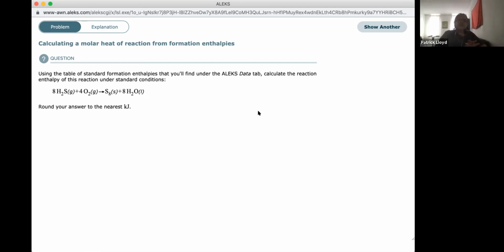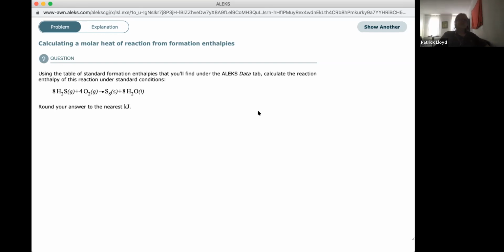So using the table of standard formation enthalpies that you'll find under the ALEX data tab, calculate the reaction enthalpy for this reaction under standard conditions, right? Everything's going to be under standard conditions for these problems, okay? 8 H2S gas plus 4 O2 gas yields S8 solid plus 8 H2O liquid, and then round your answer to the nearest kilojoules. So you don't need to have 0.3 kilojoules or 0.7 kilojoules, just round it to the nearest.